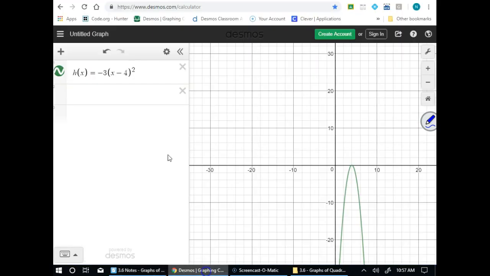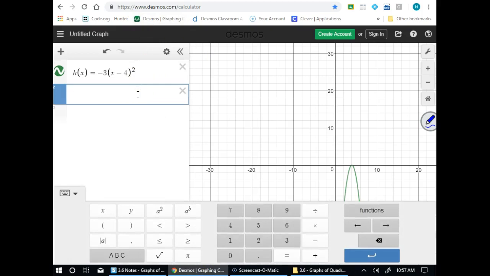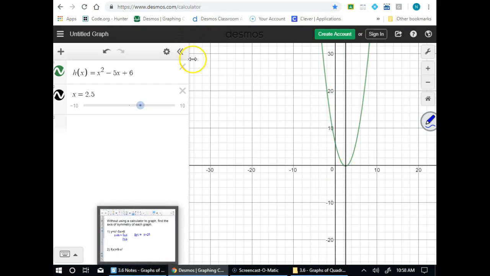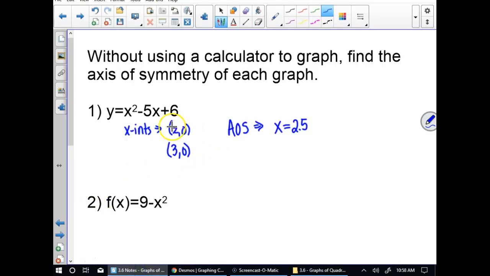If you're unsure, and I'm letting you use Desmos, you can just type in the equation. We've got x squared minus 5x plus 6 is the one we're looking at, and x equals 2.5. If you graph that line right there, you can see it cuts that parabola perfectly in half. So you can check using that if you're allowed to use it in this portion. Okay, so I did that by just finding that halfway point between the x-intercepts. Notice I also could do this with the formula, x equals negative b over 2a.